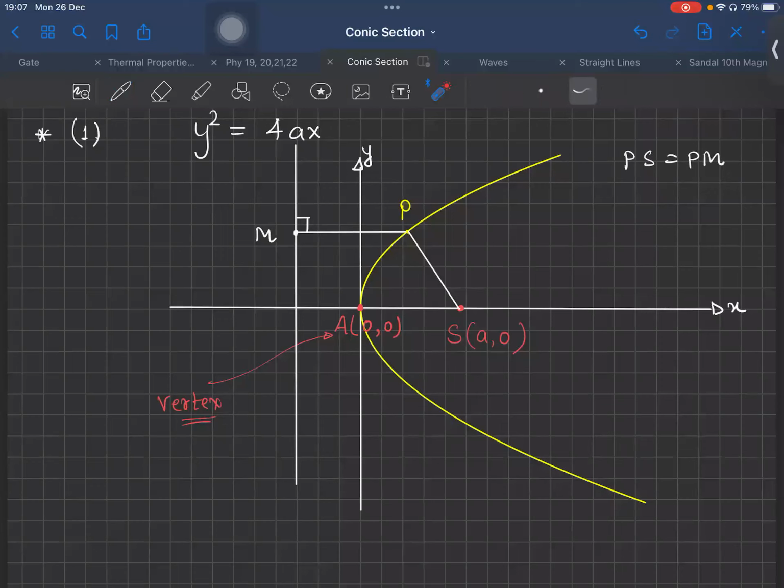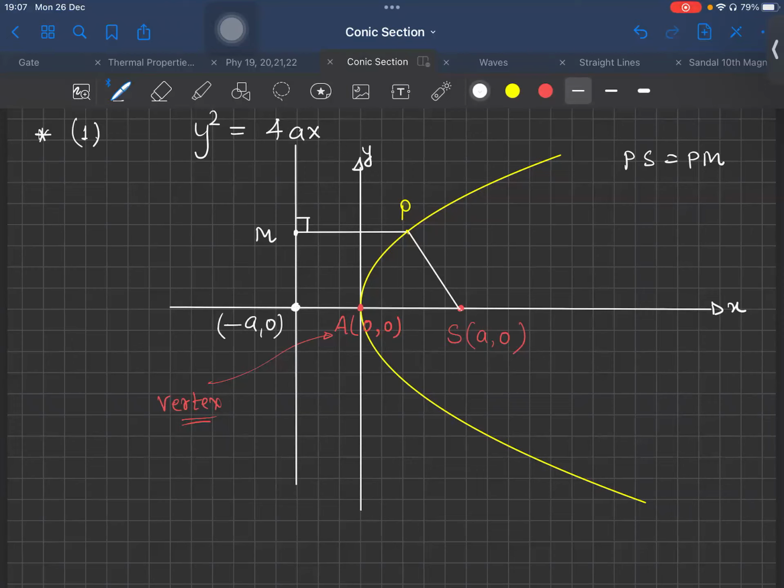Now this point P will move here. This point P is tracing this parabola, right? So at a particular time, point P will be here, also at point A, right? That means this length and this length should be equal. That's what we are discussing: PS is equal to PM, because point P will move somewhere here. So if this is S (a, 0), the directrix will pass through the point (-a, 0).